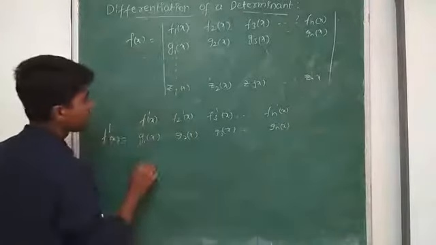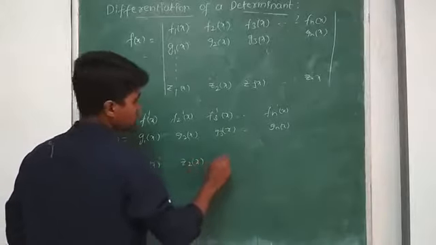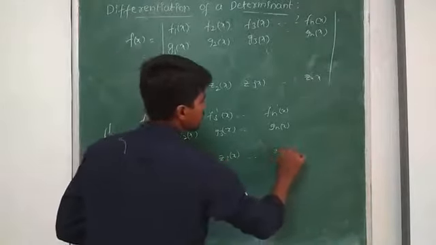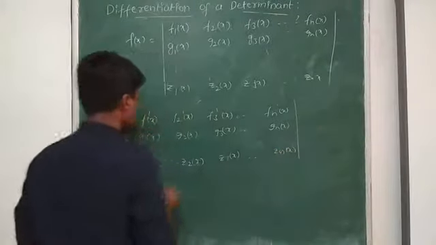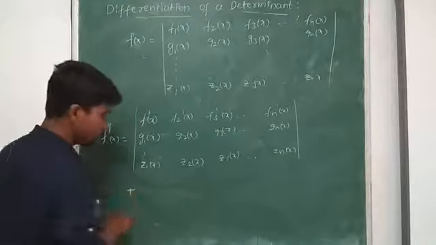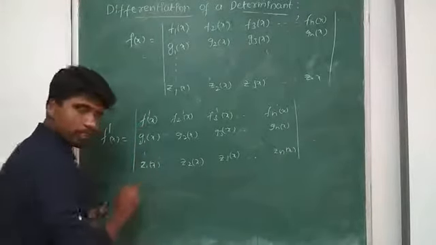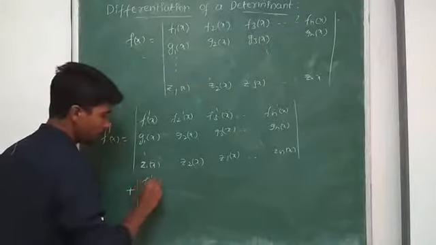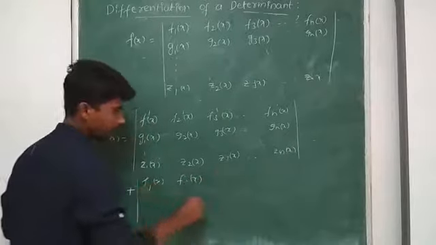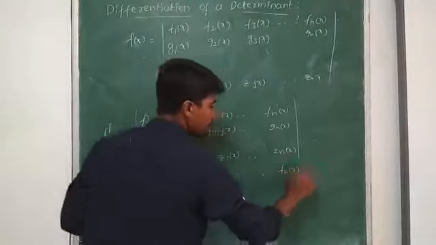And so on, z1 of x, z2x, z3x, znx. So I did it only for the first row. The same thing I have to do for the second row, keeping the first and the rest of the rows unaltered. So I get f1 of x, f2 of x, f3 of x and so on, fn of x.